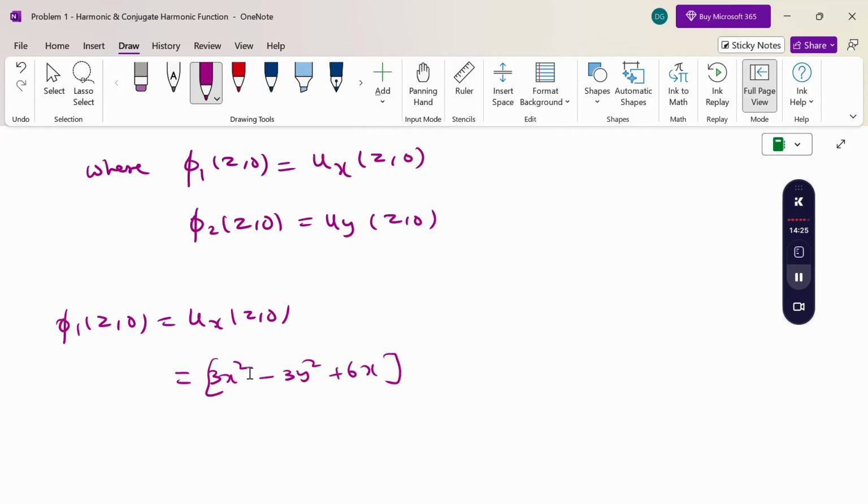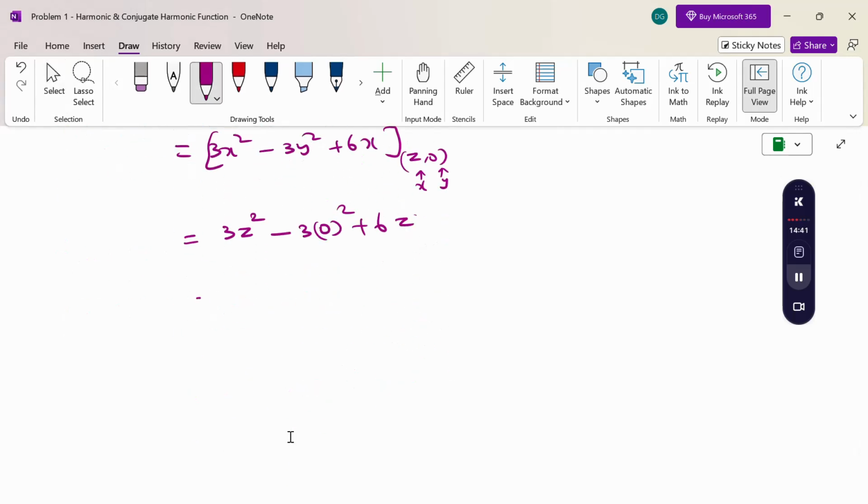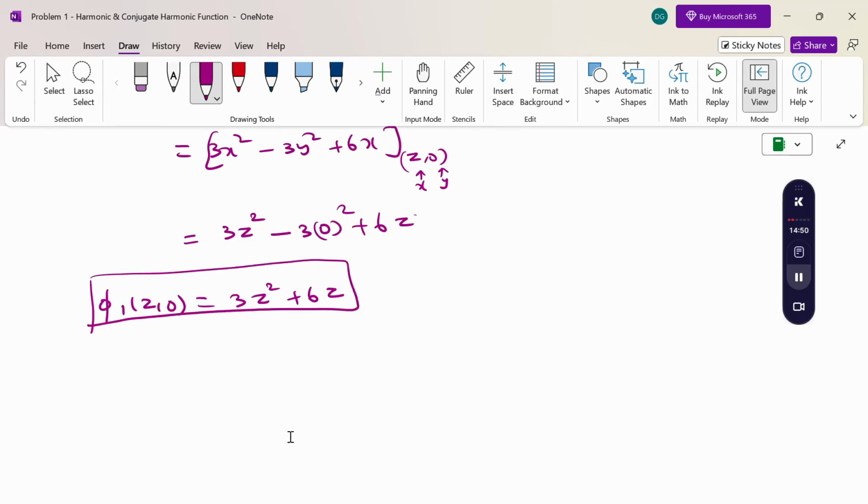For this, replace with z comma 0, where x is substituted by z and y by 0. Therefore 3z square minus 3 into 0 square plus 6 into z, so the term is 3z square plus 6z. This is phi 1 of z comma 0. Then phi 2 of z comma 0 is uy of z comma 0.